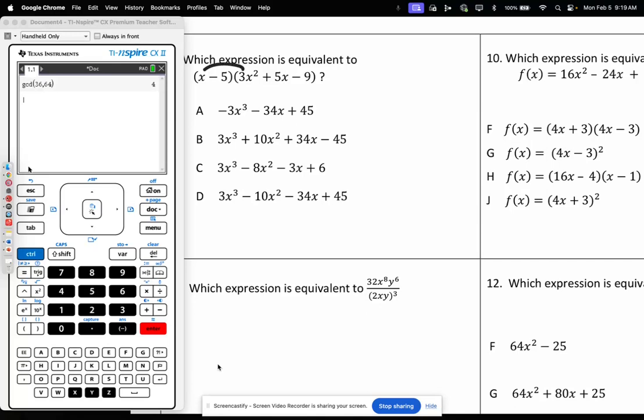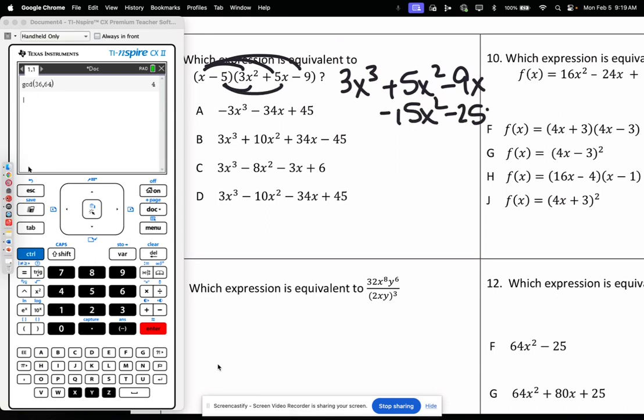And again, you can do a box, or you can just distribute: 3x to the third plus 5x squared minus 9x minus 15x squared minus 25x. I'm going to go into that other space because I ran out of room. And then 45.